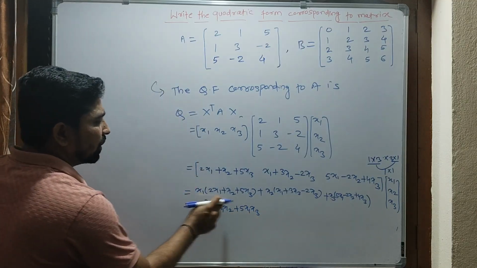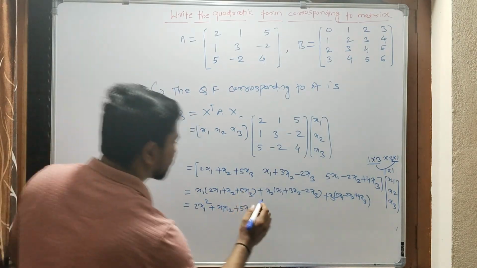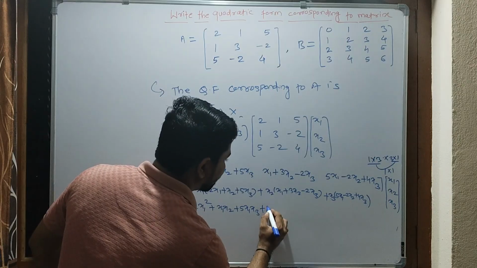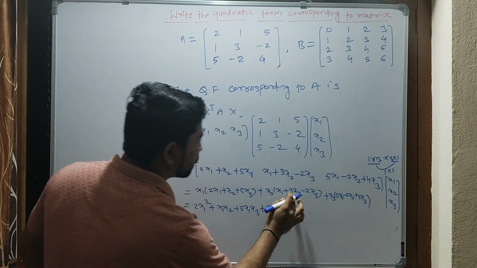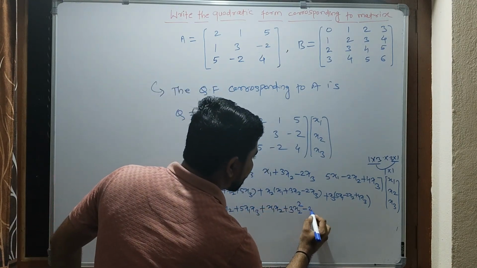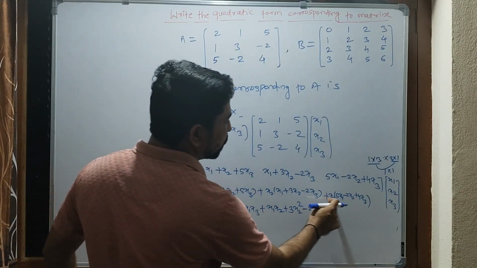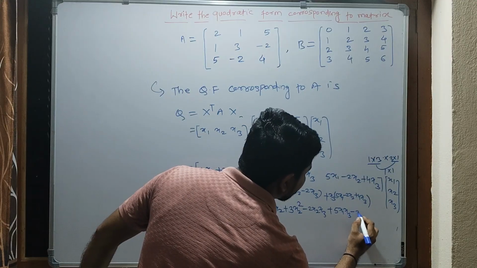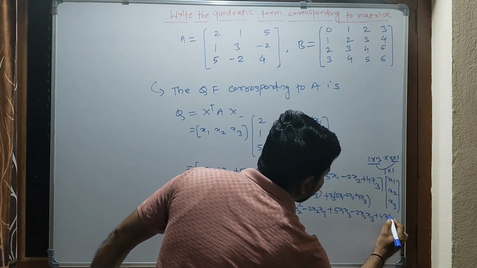I am multiplying x1 to the first bracket, then x2 to the second bracket: x1 x2 plus 3 times x2 square minus 2 times x2 x3. Plus multiply x3 to the last bracket: 5 times x1 x3 minus 2 times x2 x3 plus 4 times x3 square.